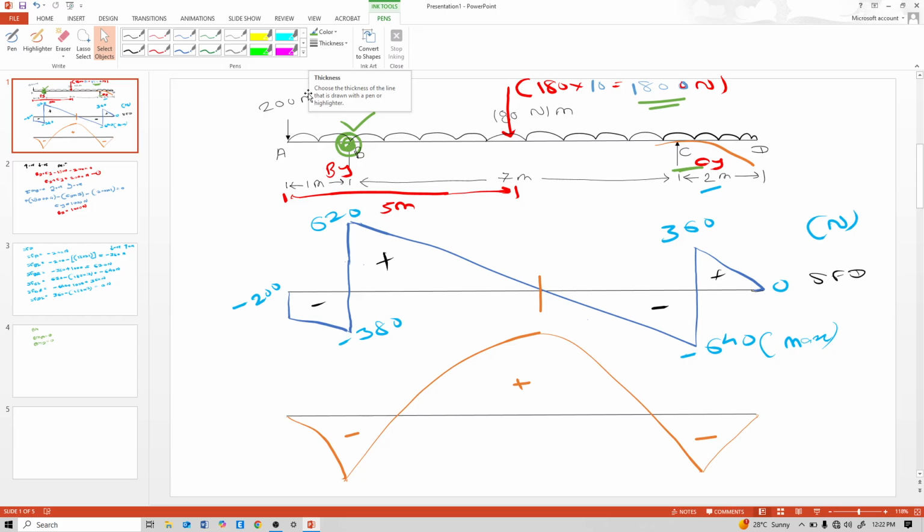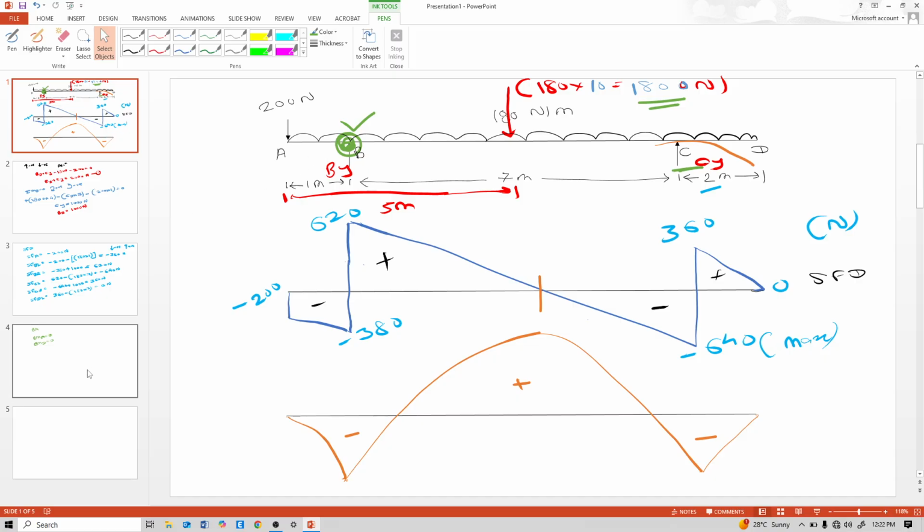This 200 Newton is anti-clockwise to that point B. That's why minus 200 into distance 1, and this UDL is also downward and anti-clockwise. So minus 180 into 1 into 1 by 2.